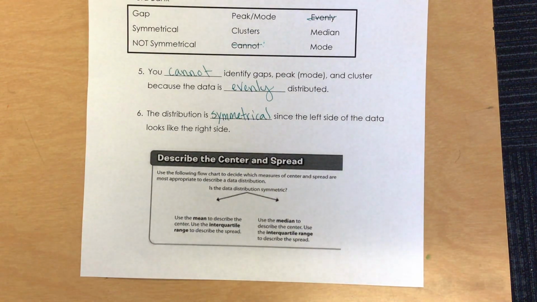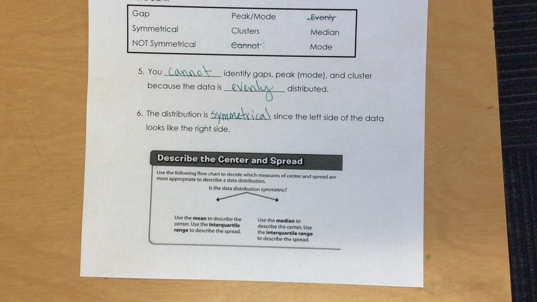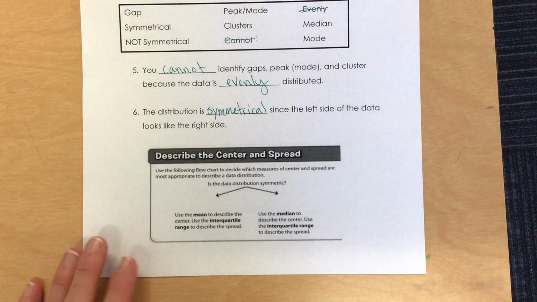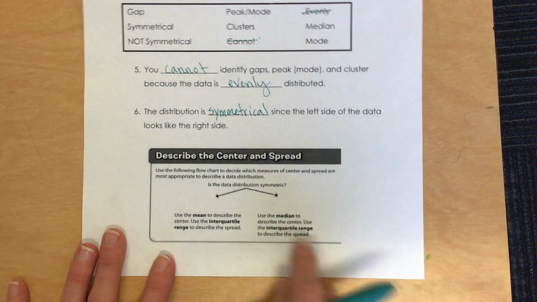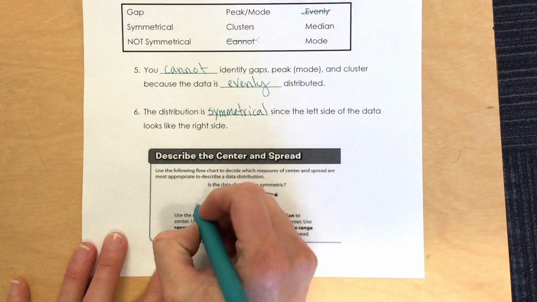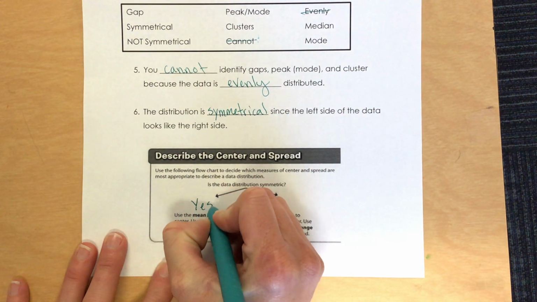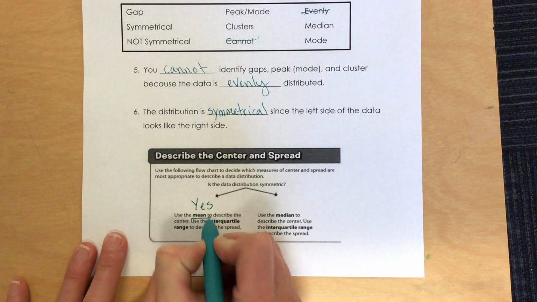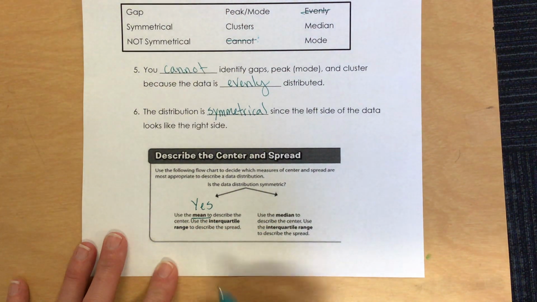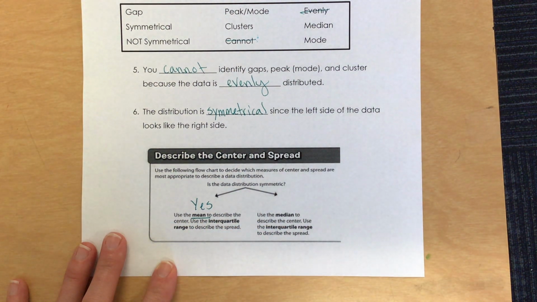Okay, so let's talk about how we can describe the center and the spread. So we have a flow chart that we're going to use that'll tell us which measures of center and spread are most appropriate to describe a data distribution. Okay, is the data distribution symmetric? If it is, we're going to use the mean to describe the center, so that would mean that we would take the average.